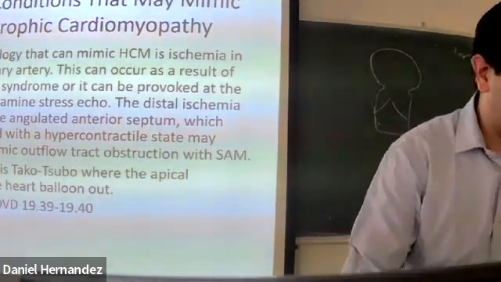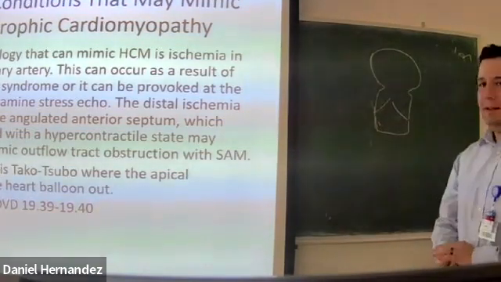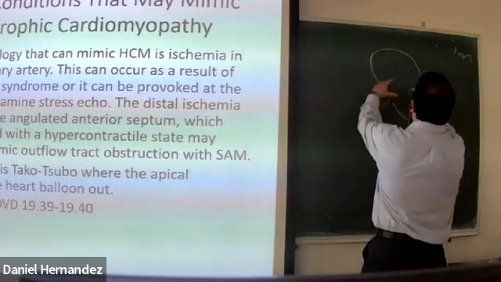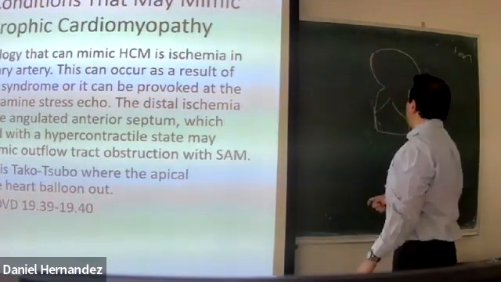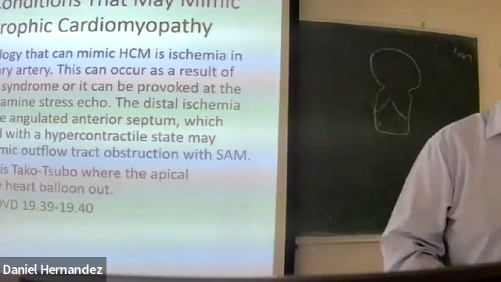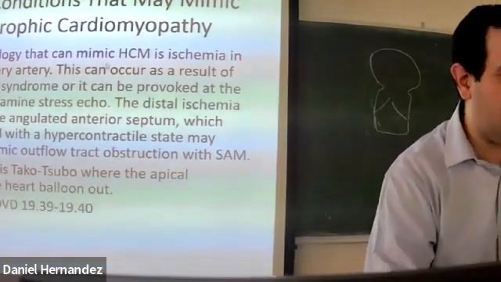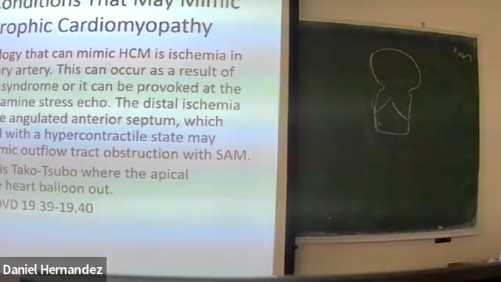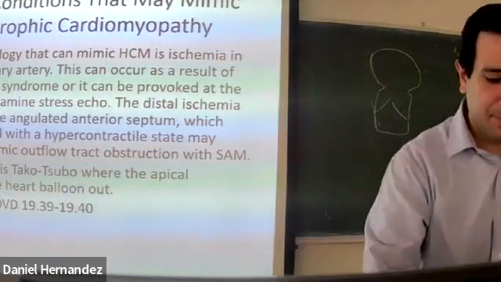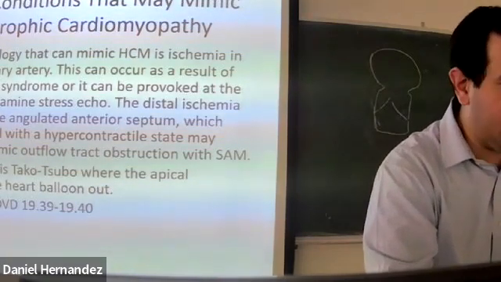I had a good picture of that the other night when we were studying. But so this apex will actually balloon out, and you get some narrowing around the mid cavity level. So this can potentially create an obstruction as well. This will actually resolve on its own, and it's also seen in the Asian population.